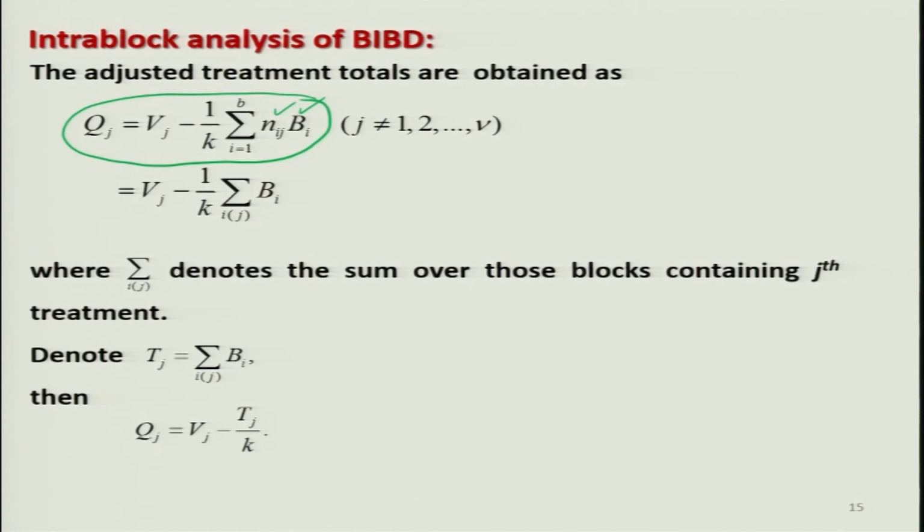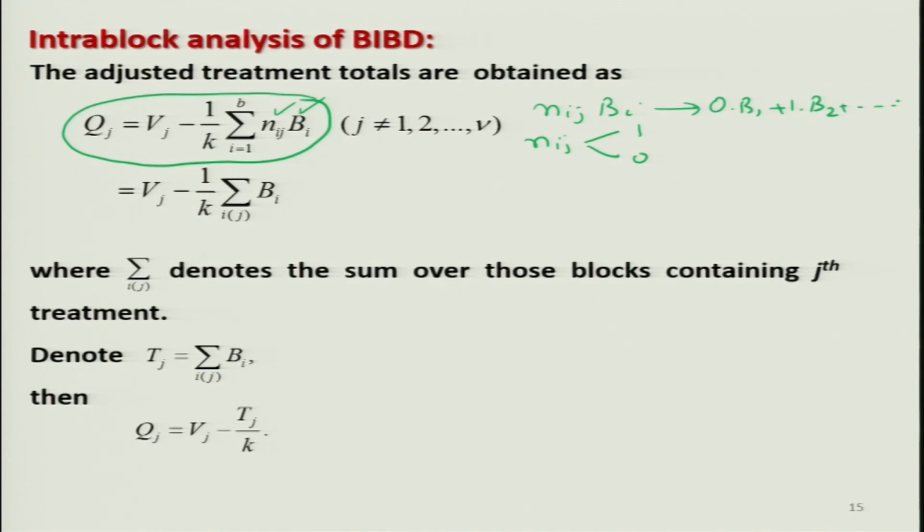Now, if you look at this expression Nij Bi, Nij is going to take 2 possible values, 1 and 0. So, this expression Nij into Bi is going to be something like 0 times B1 plus 1 times B2 plus so on.